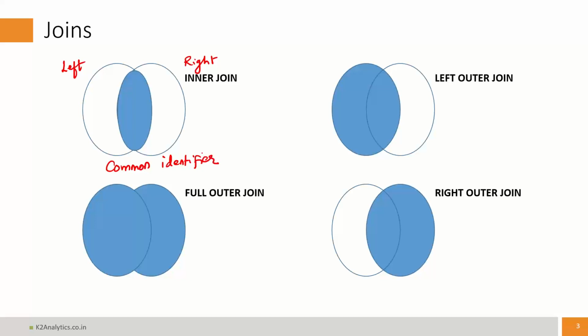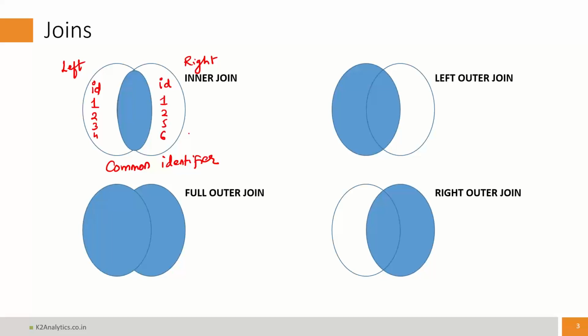Now, assume there is an ID column with values 1, 2, 3, 4, and there may be other columns in the left table. Similarly, there is an ID column in the right table with values 1, 2, 5, 6.